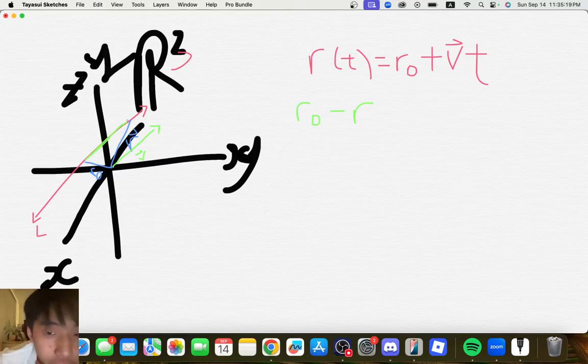Yeah, it's equal to V, because it's pointing the same direction and has the same length.